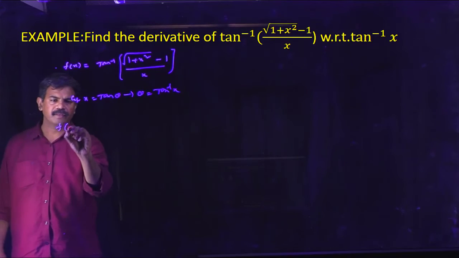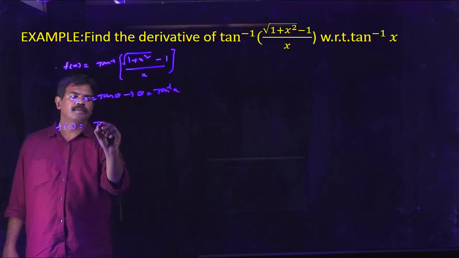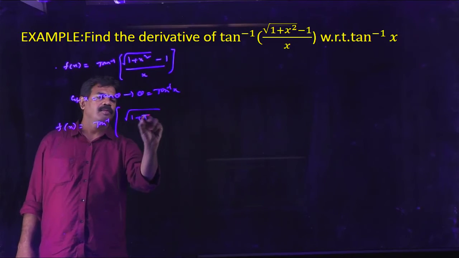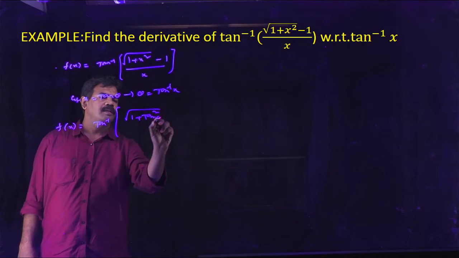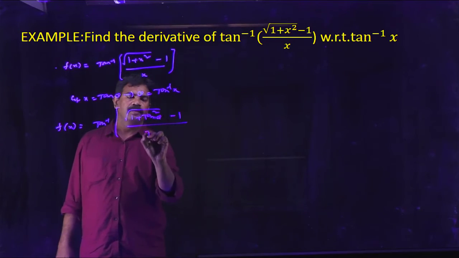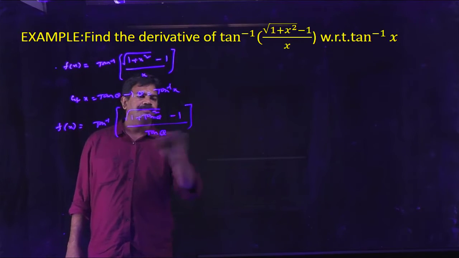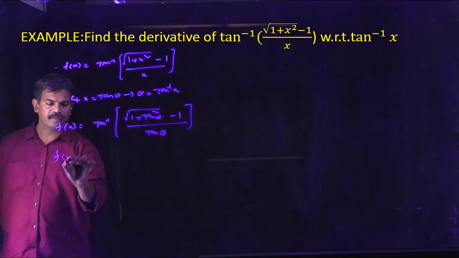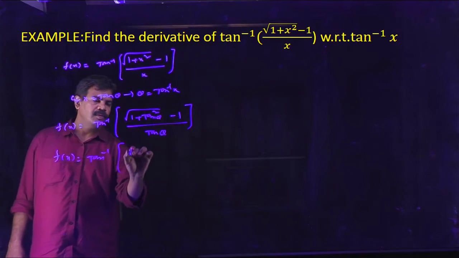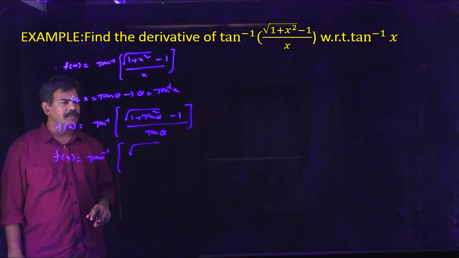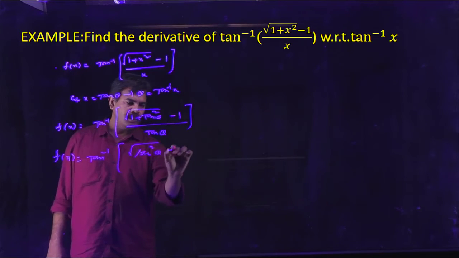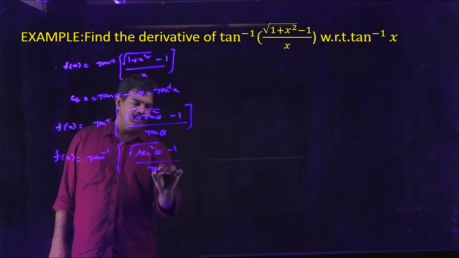So f of x is equal to tan inverse of root of 1 plus tan square theta minus 1 by tan theta. F of x is equal to tan inverse of root of 1 plus tan square theta, means secant square theta, secant square theta minus 1 by tan theta.